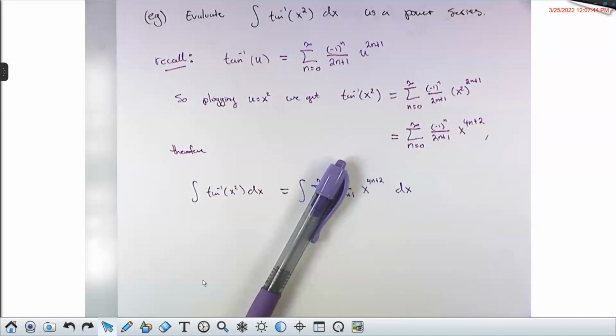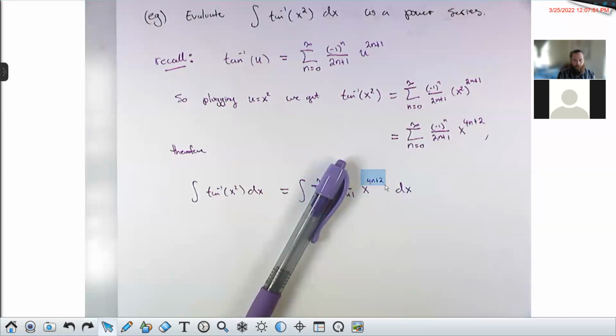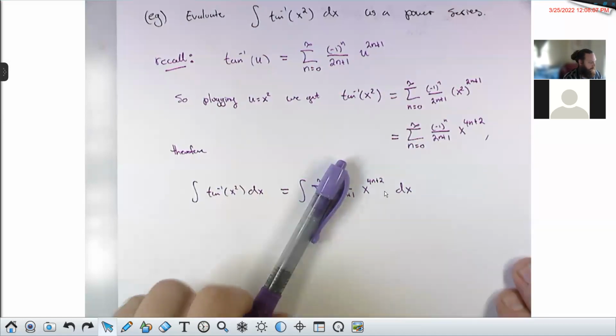And the power rule for integrals says, if you're integrating just a power of x, you add 1 to that power. So this is going to become x to the 4n plus 3, and then divide by that new power. Just like when you integrate x squared, you get 1/3 x cubed. If you integrate x to the 4n plus 2, you get 1 over 4n plus 3 times x to the 4n plus 3.